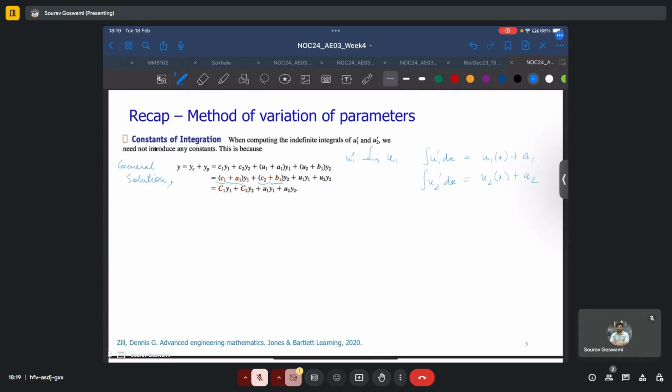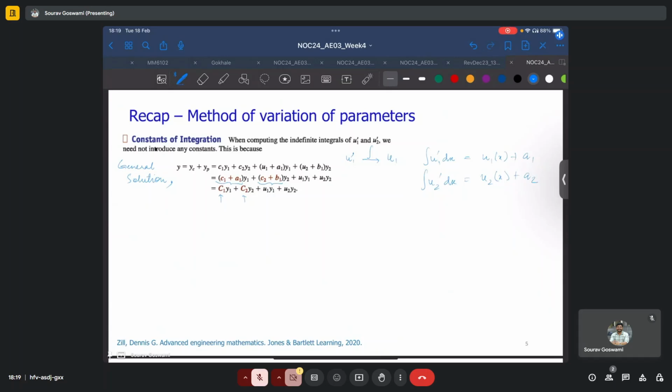Thus we have these new constants, capital C1 and capital C2, associated with the complementary function. So while we are doing this indefinite integral to obtain our functions u1 and u2 from their derivatives, we need not really add constants of integration, because in the grand scheme of things they are being taken care of anyway.